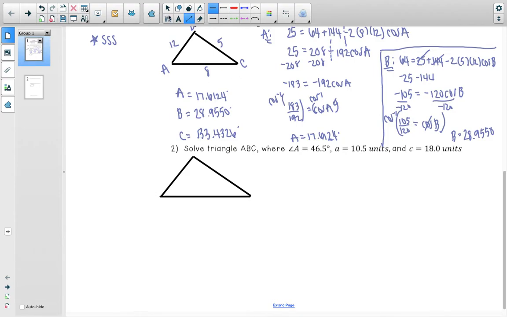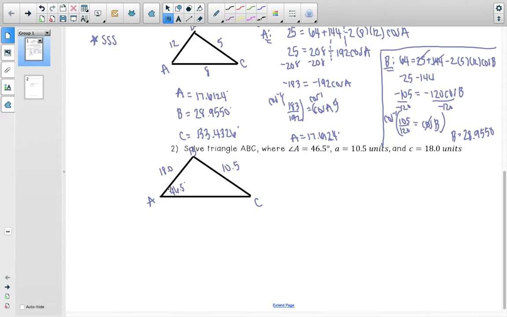Okay, and I want to label it. This is, let's say, angle A, and they're telling you that's 46.5 degrees. Angle B and angle C, and we don't have any other angle than these. And then with angle A, we also have side A and side C.